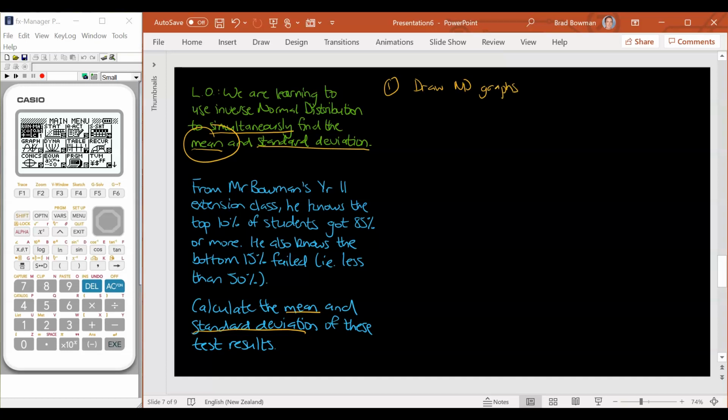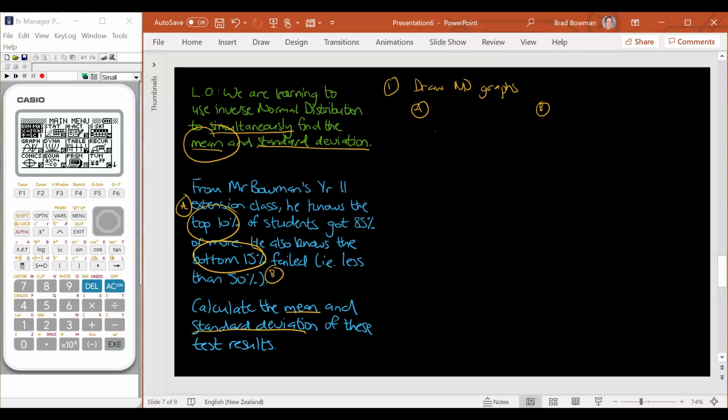This time around, we're going to be drawing two graphs. We'll call them graph A and graph B. The top 10% is going to be referring to A, and the bottom 15% will be referring to B.